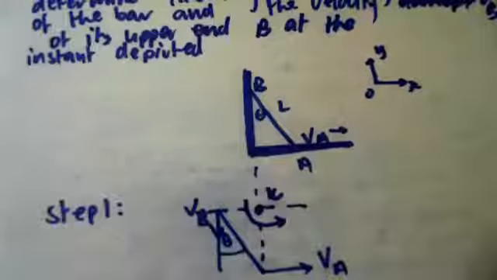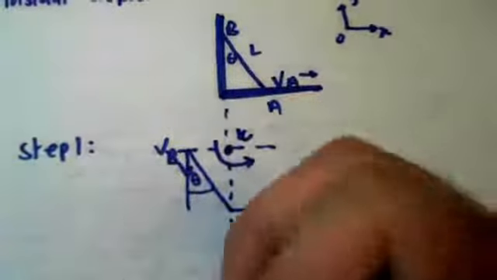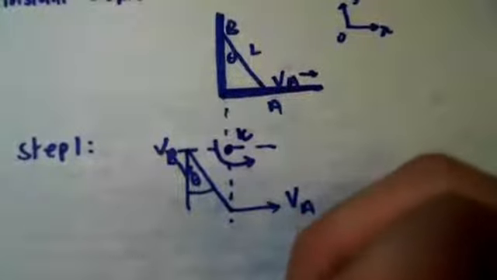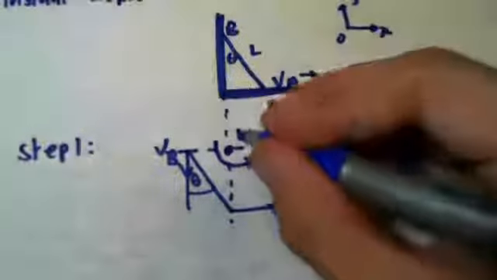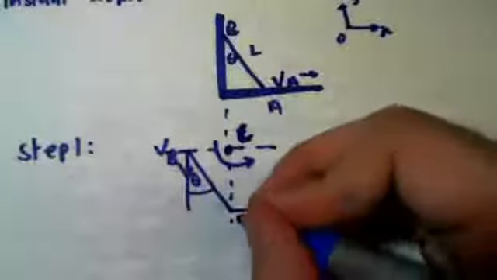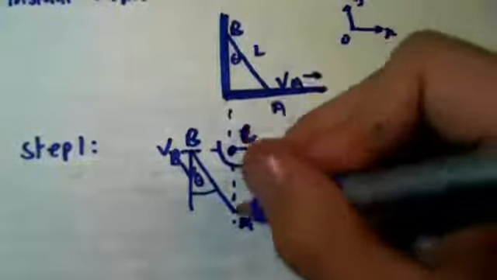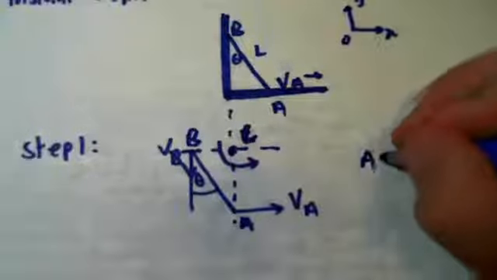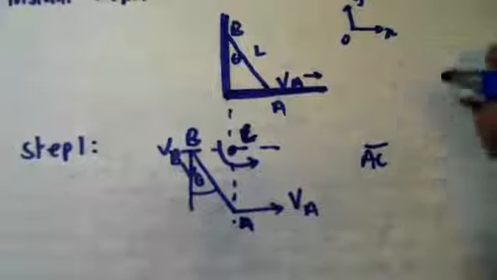So the next thing we want to do is find the intersection point, the instantaneous center of rotation, and we'll say that the velocity at A is the magnitude of the displacement. We'll label this point C, and this is A, this is B. So the velocity of A is the magnitude of AC times the angular velocity.